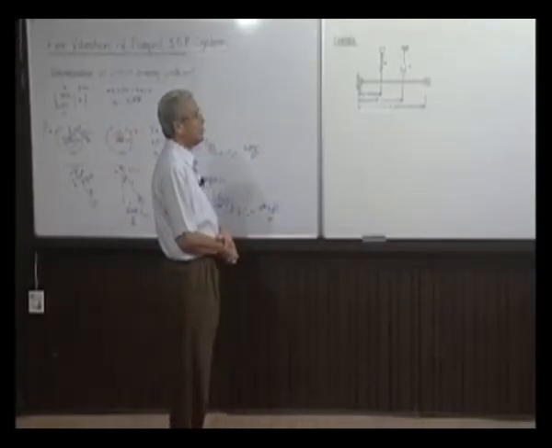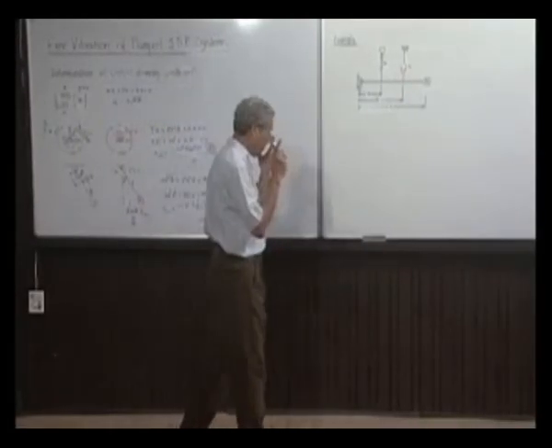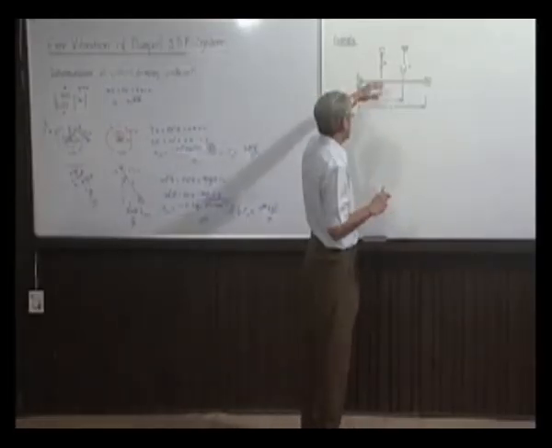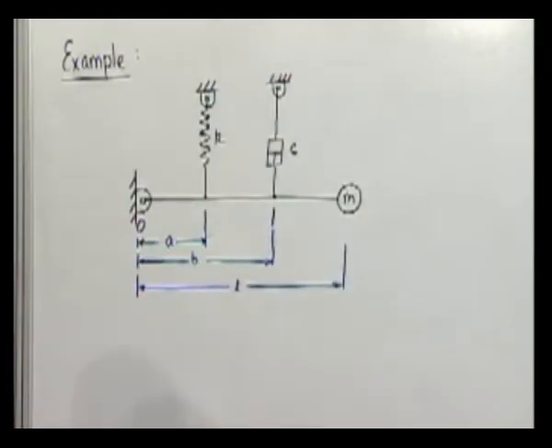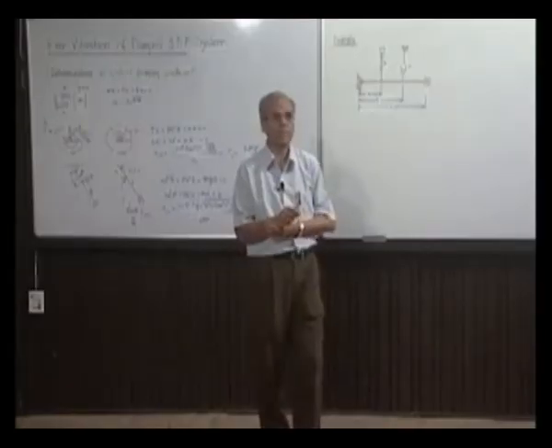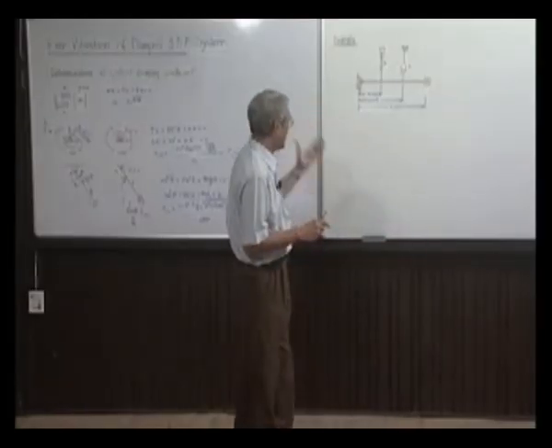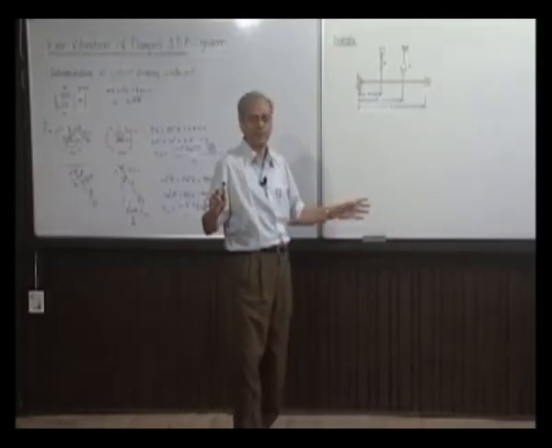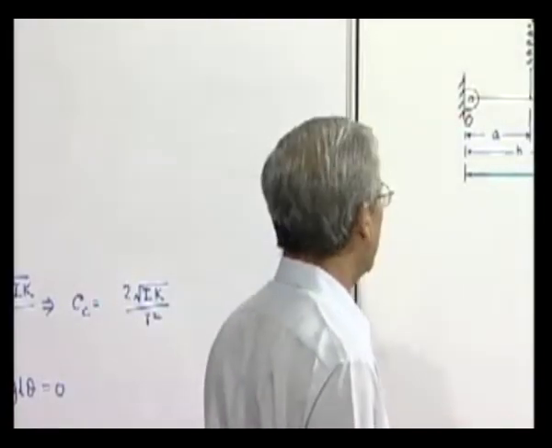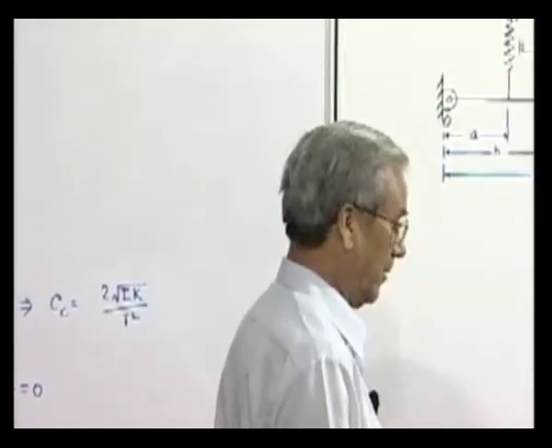So, here again we should remember the cardinal principle. We have proved that since the system is in equilibrium under gravity and we measure the displacement of the configuration from that position, we forget about gravity and we measure everything from the equilibrium position itself.